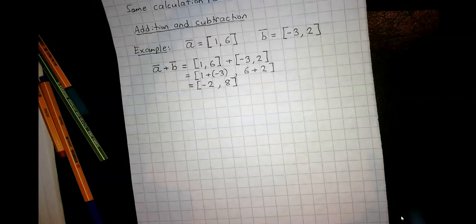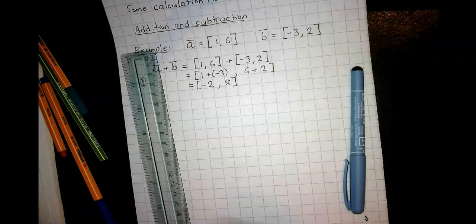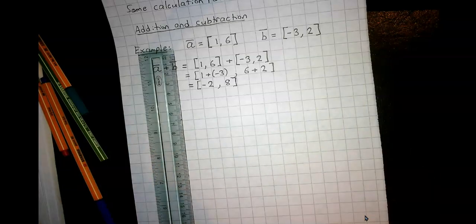Let's check that by drawing. I will draw a picture. Again, I will point out that mostly during vector calculations we don't need any pictures or graphs from the problem.